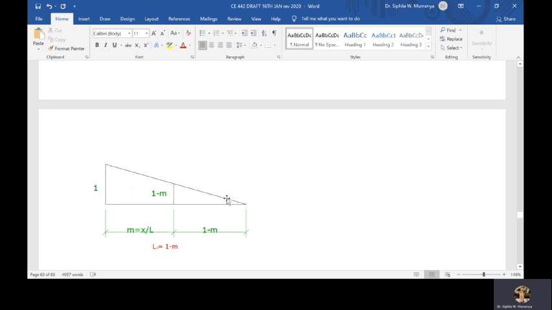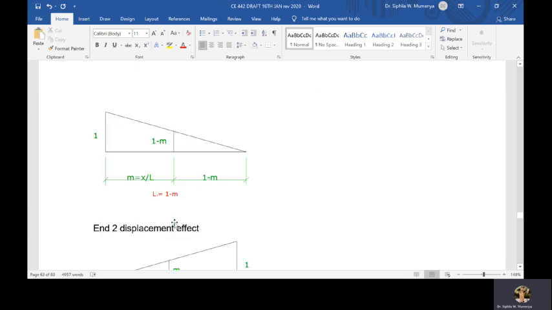So if I assume a linear function, then I'm able to get the displacement at any point as a linear function, or a fraction between 0 and 1, as shown.